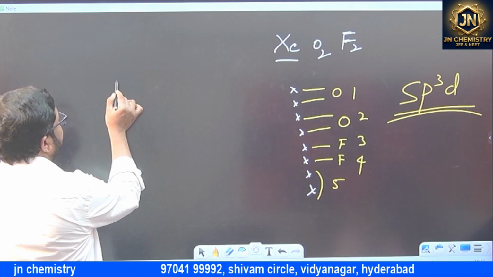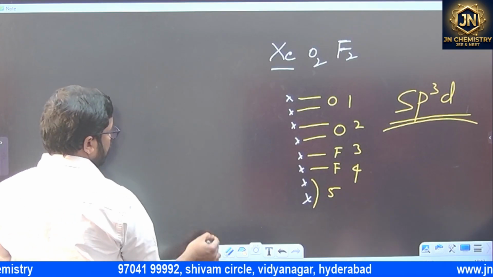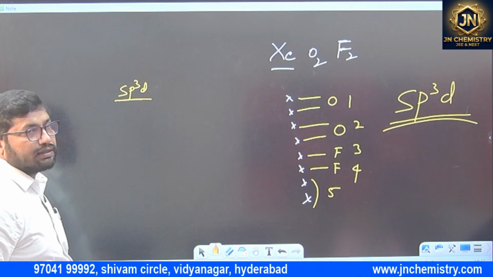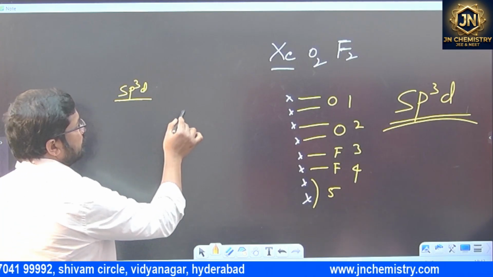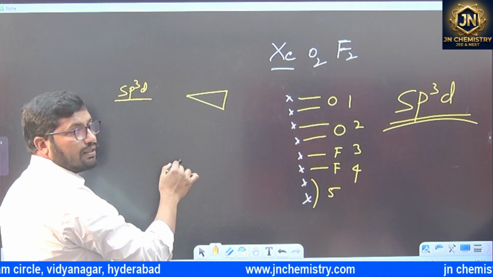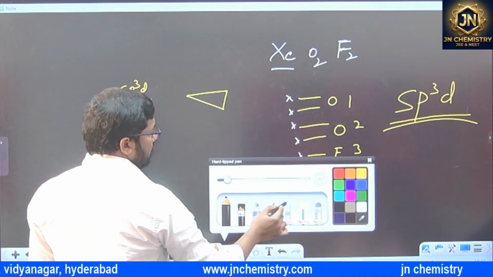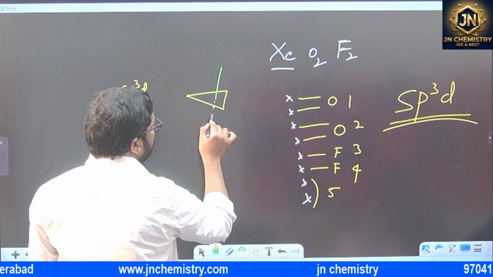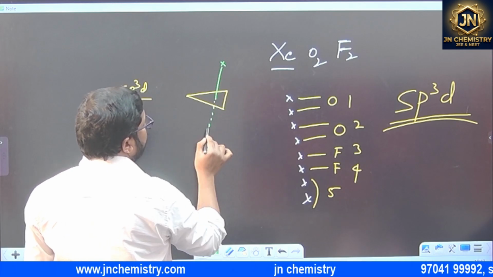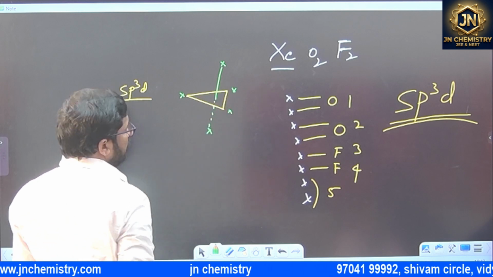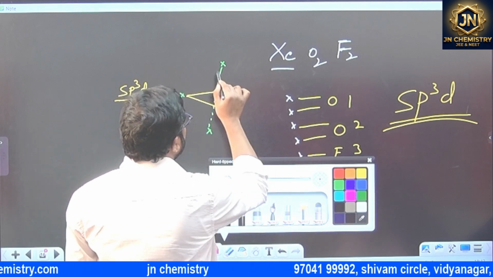sp3d without lone pairs, no? Trigonal bipyramidal shape. Trigonal bipyramidal means 3 are in the trigonal plane and one up, one down, like this.